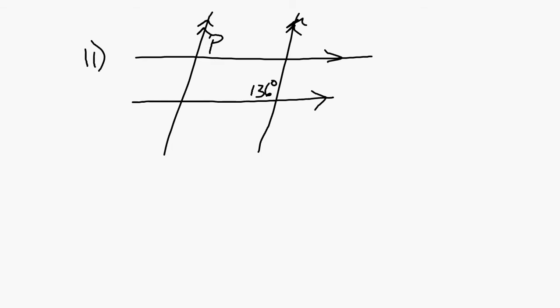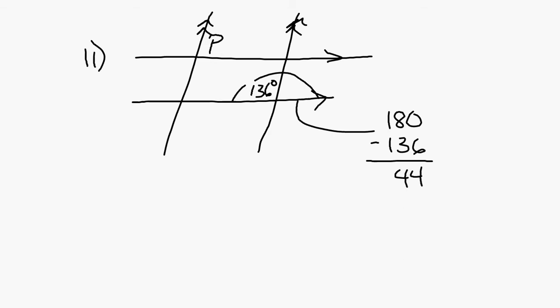So there's a couple of ways to get to angle P. You can do it if this given angle is 136, these 2 right here are a linear pair. So this angle would be 180 minus 136, 44. Okay, so 44. This angle in here would be 44 degrees.